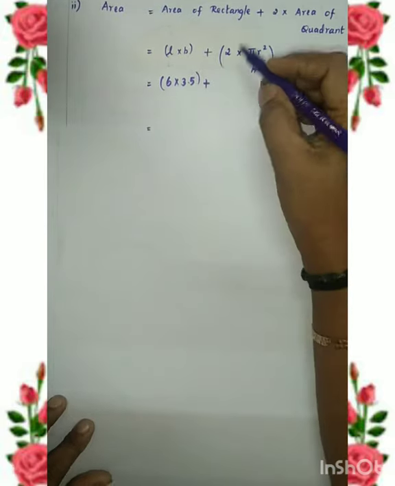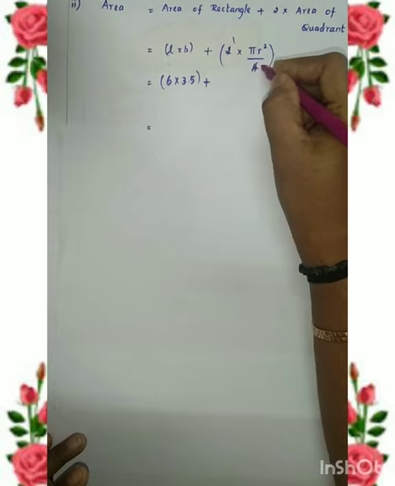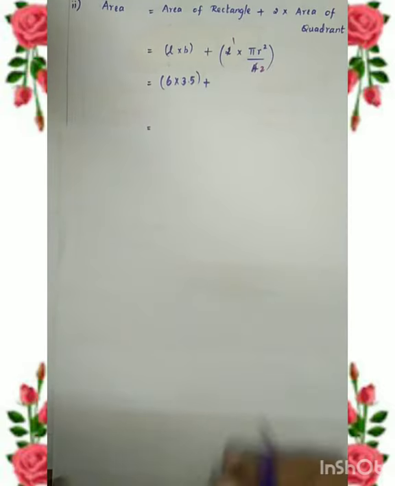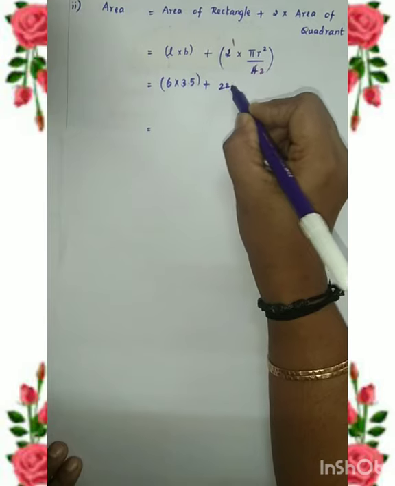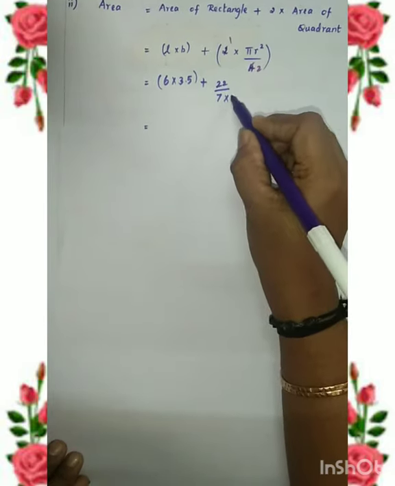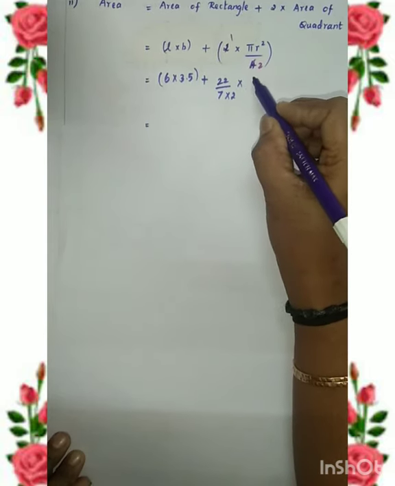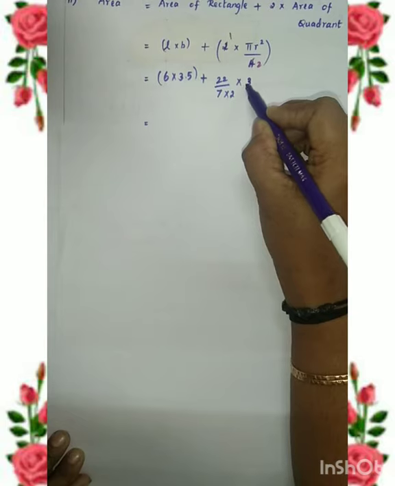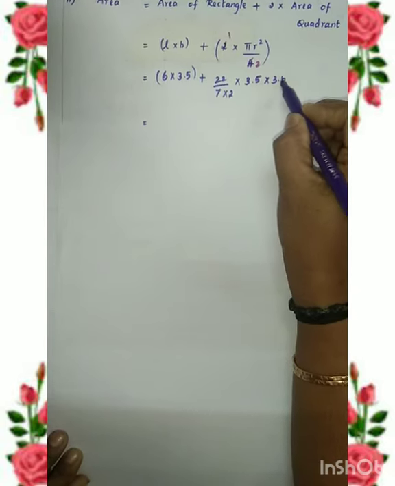Plus, here we can cancel 2 and 4: 2 1s are 2, 2 2s are 4. So instead of pi we write 22 by 7, and in the denominator we have 2, into the R value 3.5 into 3.5.